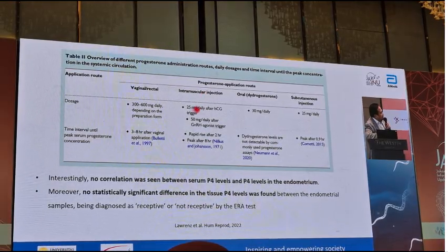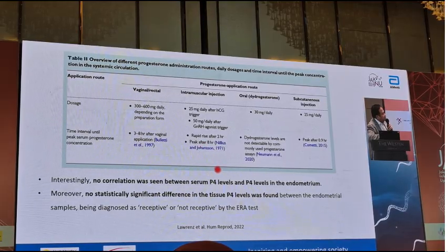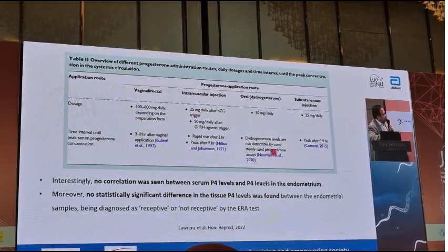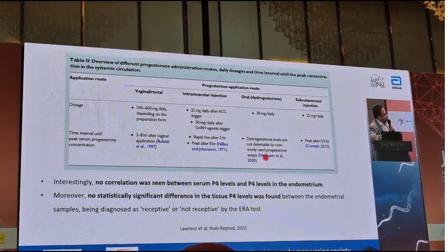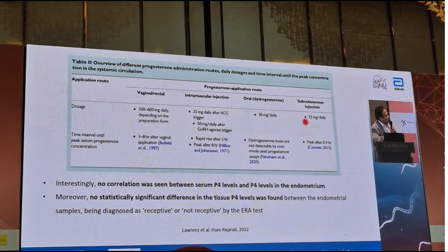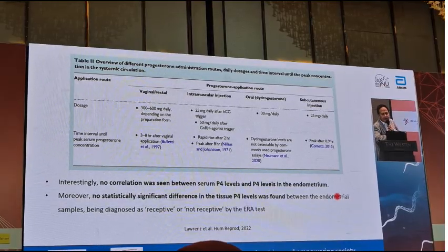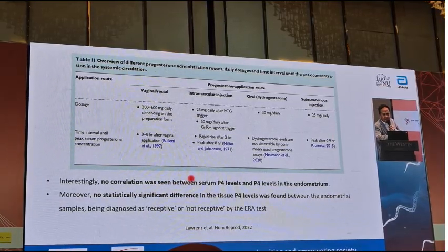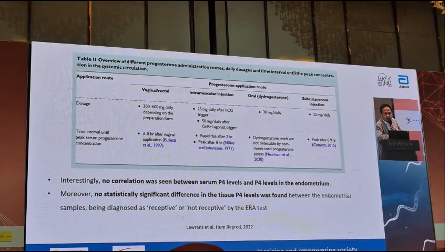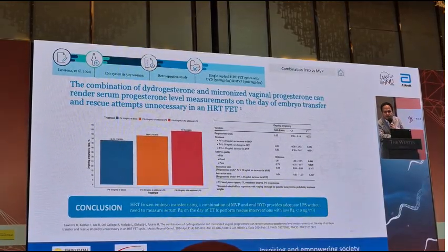Intramuscular injection, 25 milligrams daily, rises rapidly after 2 hours. If we use dydrogesterone, the progesterone levels are not detectable by commonly used progesterone assays. And subcutaneous injection, 25 milligrams daily, peaks after 0.9 hours. So I think it's really different. It depends on the dose and also on the regimen that we use.